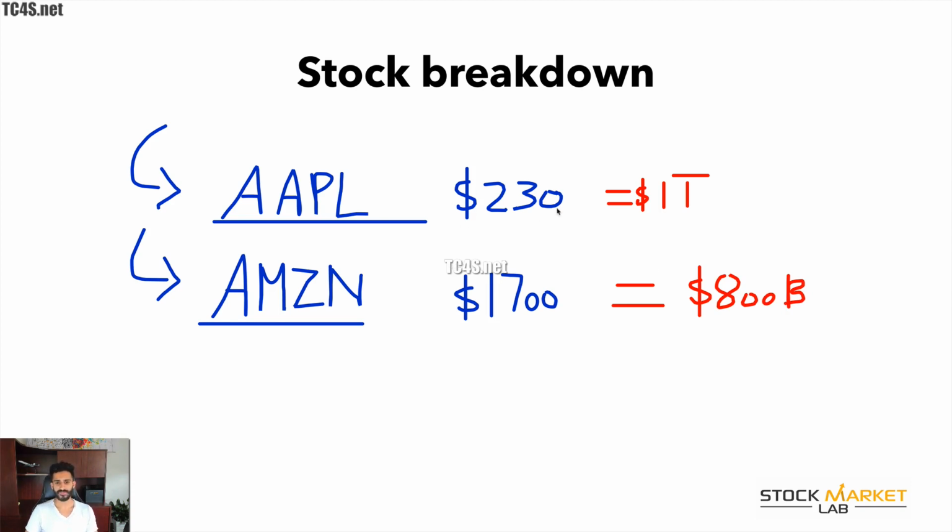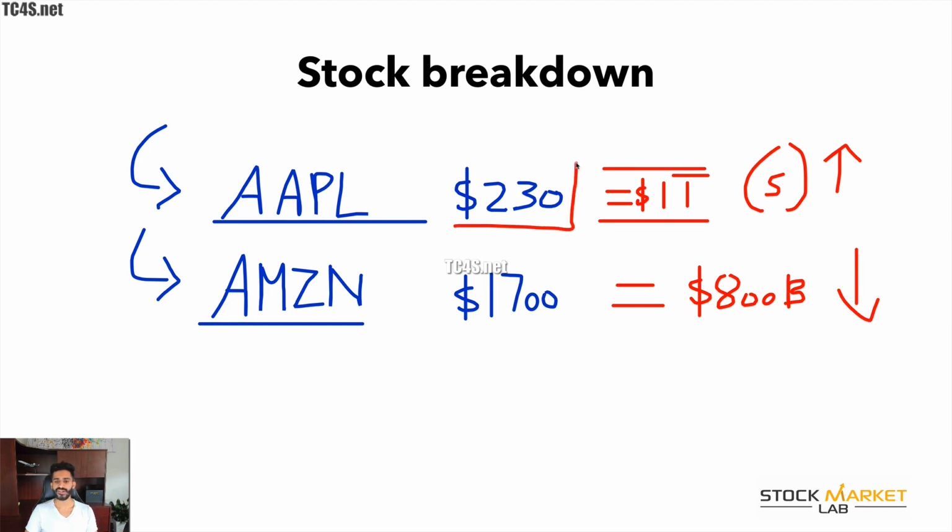Now, what does this mean? This means, as I just mentioned, Apple has way more shares, right, than Amazon does. That doesn't mean Apple's a better company. That doesn't mean Amazon's a better company or worse company. All it means is Apple is valued at a higher price point. This right here does not show valuation.